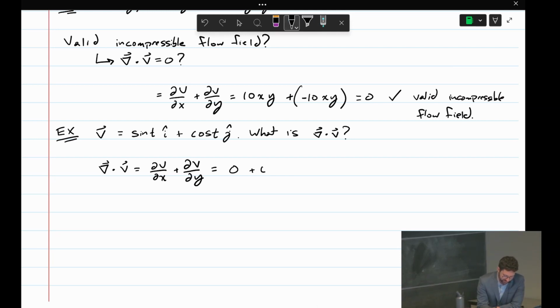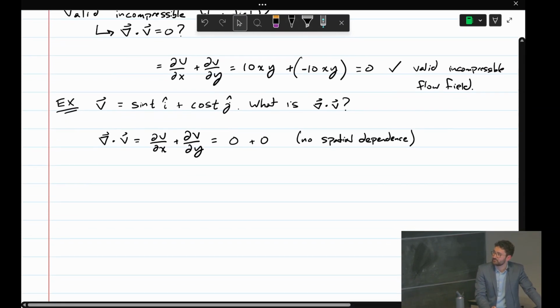So this is 0 plus 0 because there's no spatial dependence. So though volumetric strain rate is defined as a rate of change in time, it actually only depends on the spatial variation in the velocity field for an incompressible flow. So we could say this is a valid incompressible flow field.